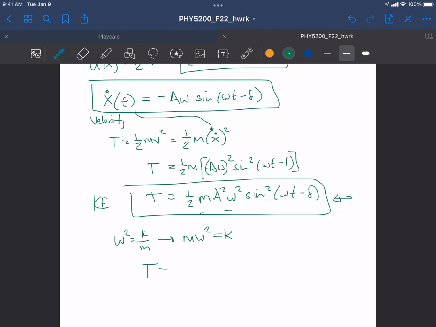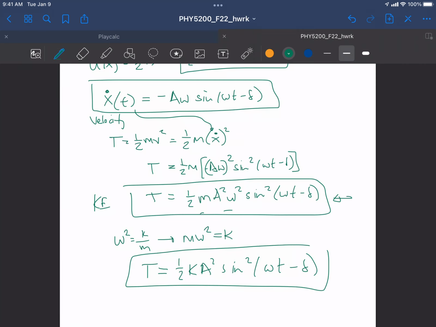So I can write the kinetic energy as 1/2 m omega squared, which is k, times a squared times sine squared of omega t minus delta. All right, so here we go. So this is the kinetic energy. k is the spring constant again, which is defined for the problem. It's a constant for the problem.